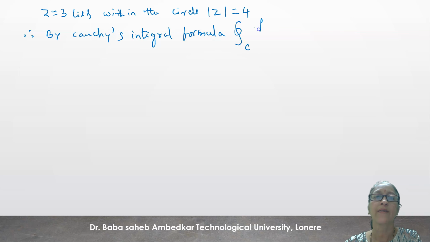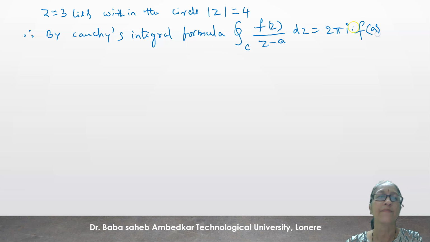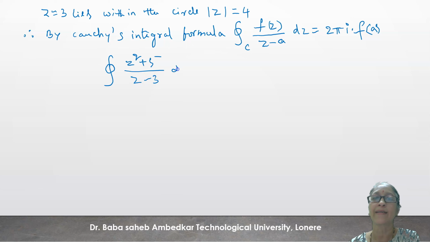Contour integral of f(z) by z minus a dz equal to 2 pi i f(a). So here, contour integration of z square plus 5 by z minus 3 dz.